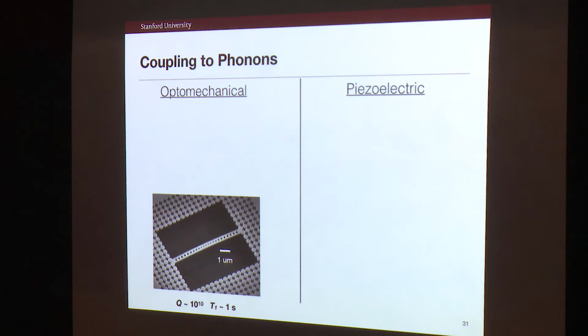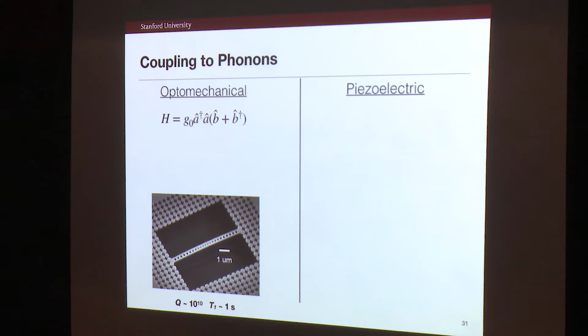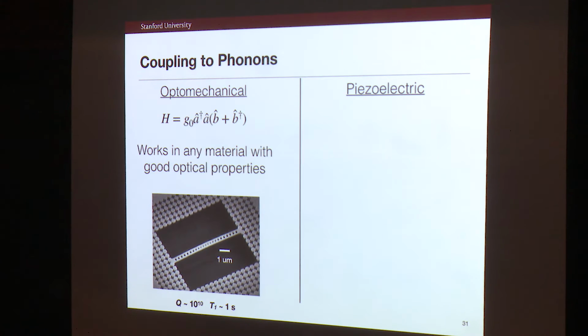There's also another key difference from the optomechanical approach, where these results were measured. Here, your Hamiltonian is this nonlinear Hamiltonian, so you couple your photons to your phonons through optical driving. This works with any material with good properties.